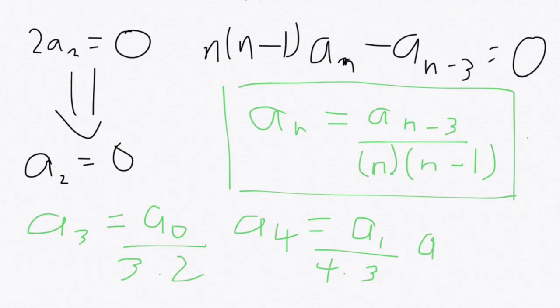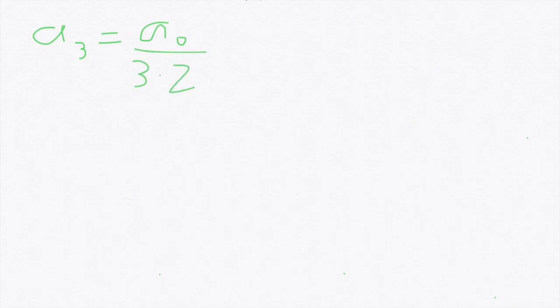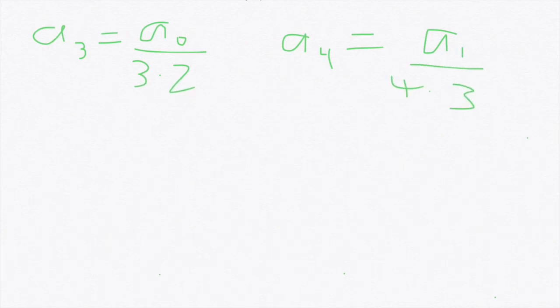A of 5 is equal to a of 2 over 5 times 4. But we already know that a of 2 is equal to 0, so we know a of 5 is also equal to 0.